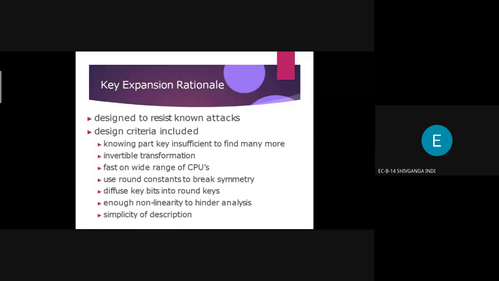The key expansion can include various things. If I have to expand the key, we can use various types of transformations, and it should work on a wide range of CPUs. By using various criteria in order to design the key expansion, we can use certain parameters.